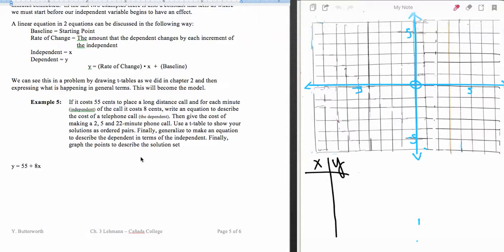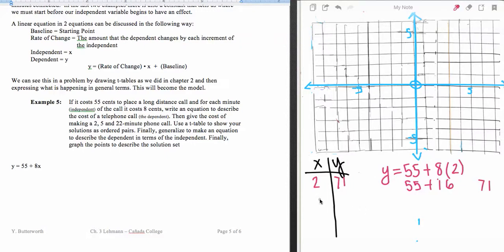All right, so we're going to do a 2-minute phone call. y is equal to 55 plus 8 times 2. So we've got 55 plus 16, and we have 6 and 5, which is 11, carry the 1, 7. So that one's a 71-cent phone call.